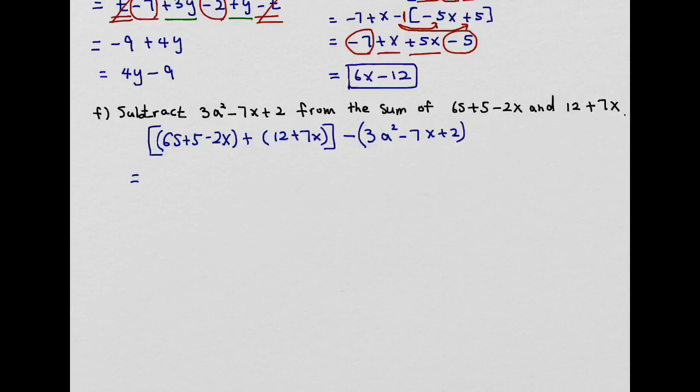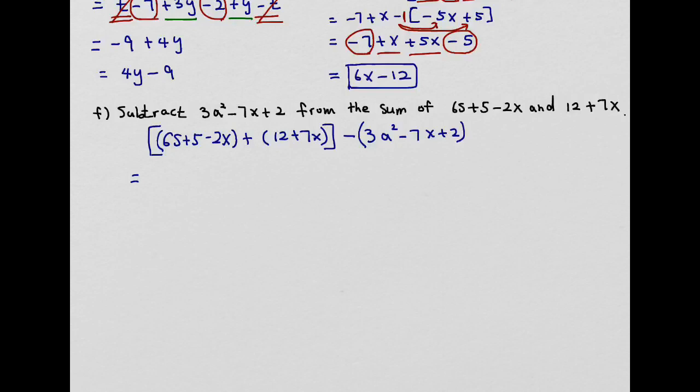So in the first parenthesis, you do not have any like terms, right? A number by itself, and x. And you have a number by itself and x. So inside a parenthesis, you don't have like terms. So the first thing you want to do is open the parenthesis and find the like terms to combine them.